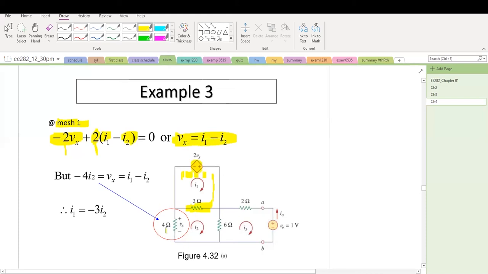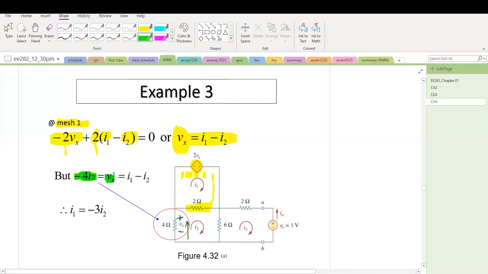Then let's look at Vx, because this is a controlled source. So Vx is an extra variable. We need to get rid of it using the mesh current. Vx equals minus 4I2, because I2 goes in this direction, but the sign of Vx is marked this way. So therefore Vx equals minus 4I2.